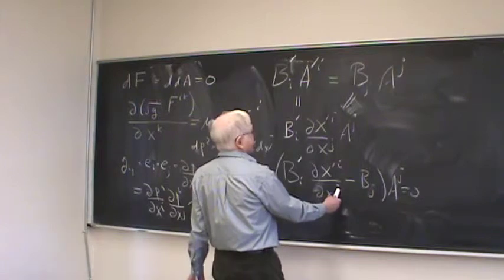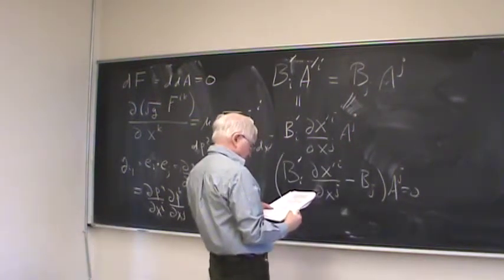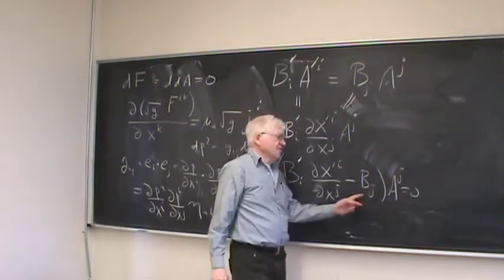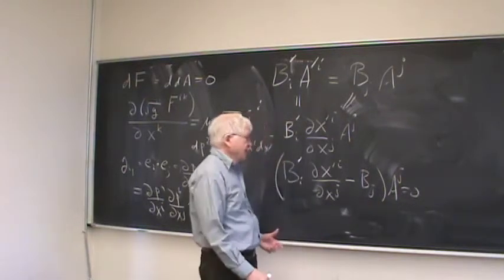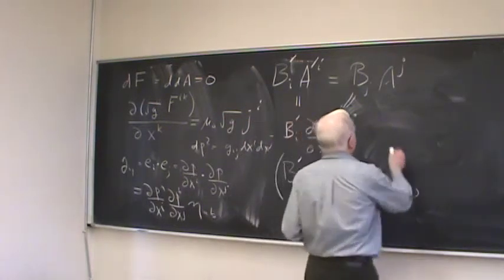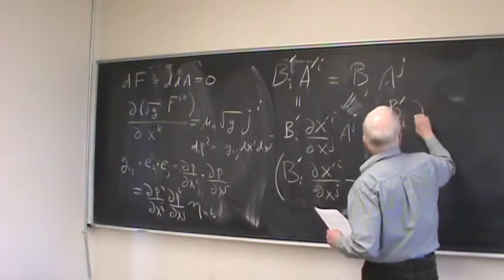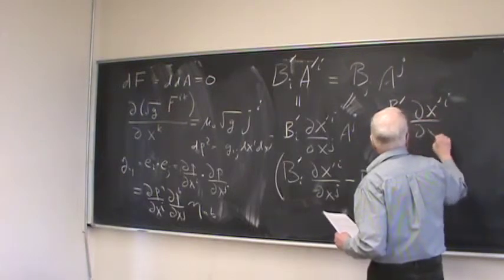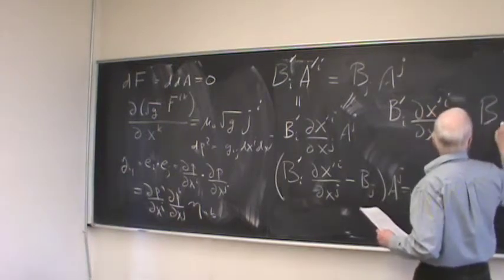This was just useless, because all I need to do is multiply both sides of this by the correct factor. Oh, no, I did need to do this. This is true for arbitrary contravariant vectors A. Consequently, we can promote it to a vector equation, and then we have as a vector equation B prime i, partial x prime i, partial x j is equal to b_j.